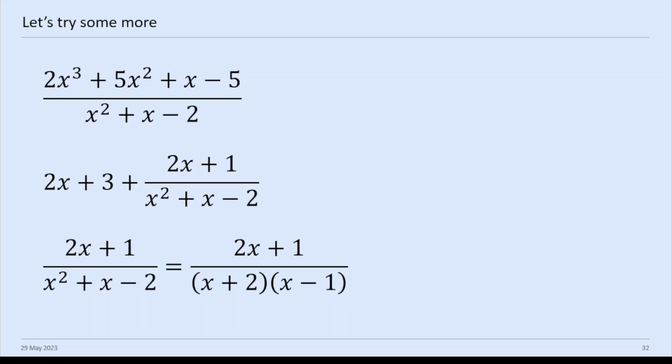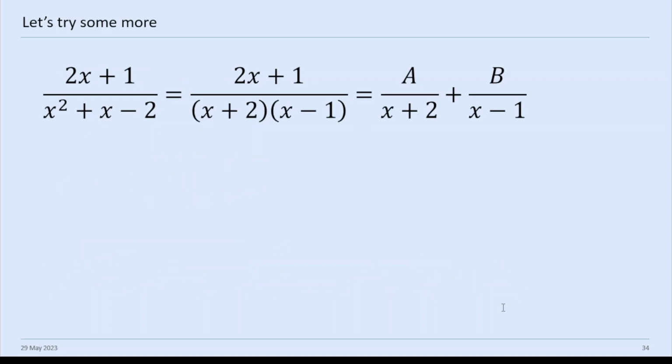So first, x squared plus x minus 2 factorizes into (x + 2)(x - 1). Because if we do it, x times x is x squared, then you get 2x minus x is plus x, then you get plus 2 times minus 1 is minus 2. So it comes out like that, and then you've got a over x plus 2 plus b over x minus 1. Again, what we're going to do is equate the numerators.